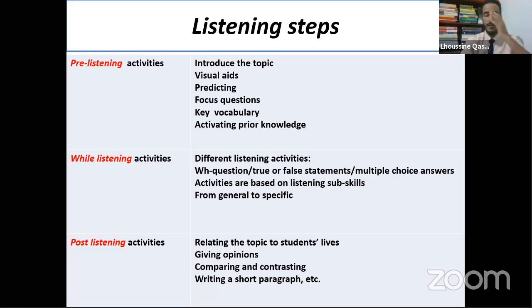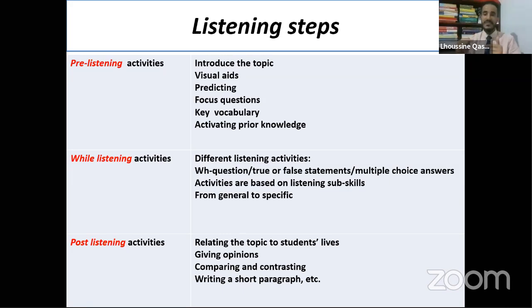when I train my trainees and I ask them to make a lesson plan, one of the common mistakes they make is that when it comes to the while-listening activities, they start with an activity, listen to the tape and write true or false, justify.